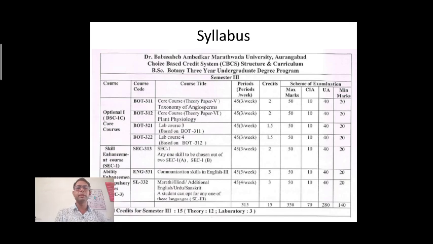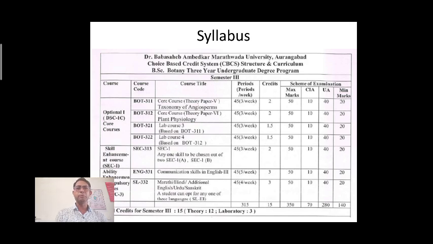Here you can see the details of the course. The optional or core course includes taxonomy of angiosperms and plant physiology. These are the two subjects included in the core course, and these two courses have lab courses, that is practical 3 and practical 4.